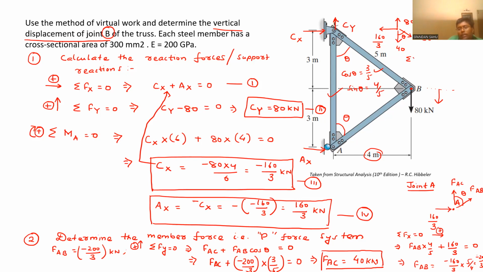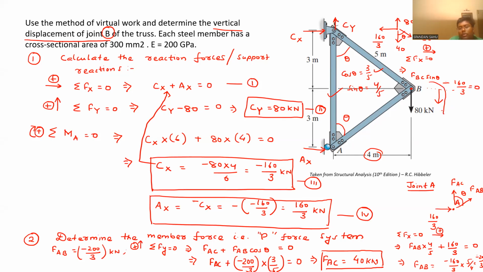So let us do directly summation of Fx equal to 0, as we have only one unknown. So one equation is more than sufficient to calculate that. So FBC sin theta, and this direction I am taking to be positive. FBC sin theta minus 160 by 3 equal to 0.